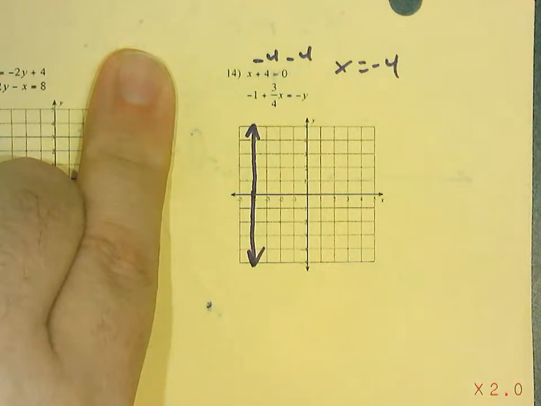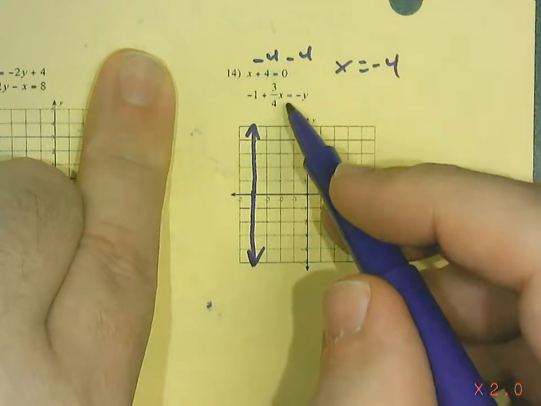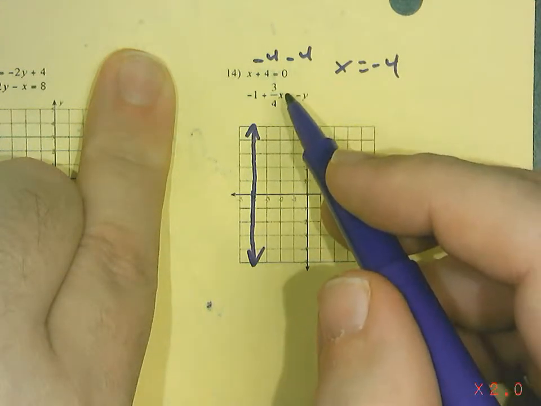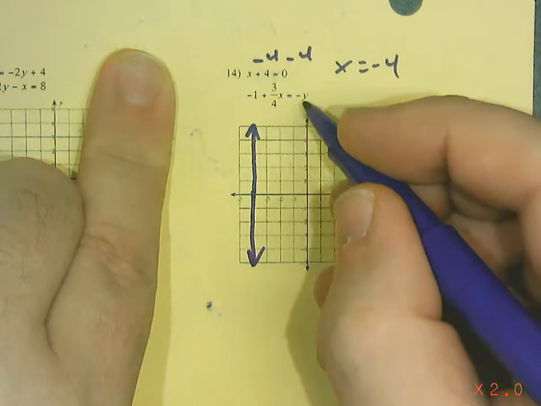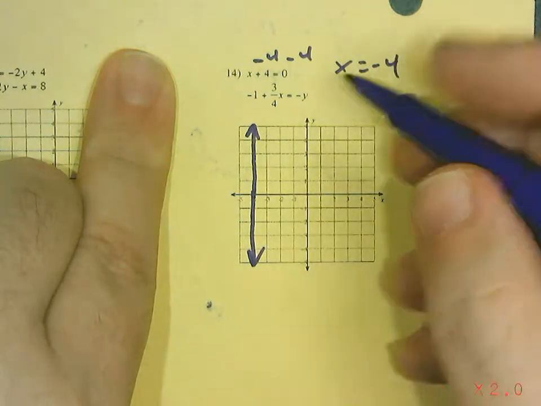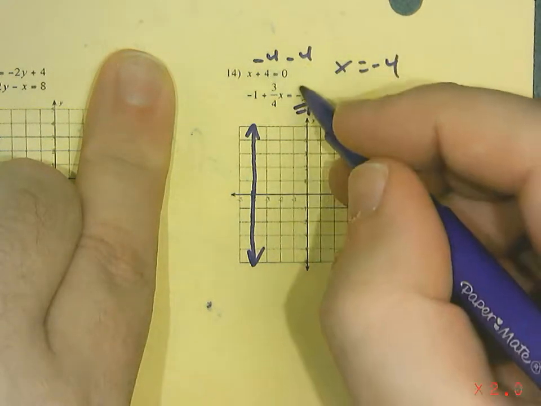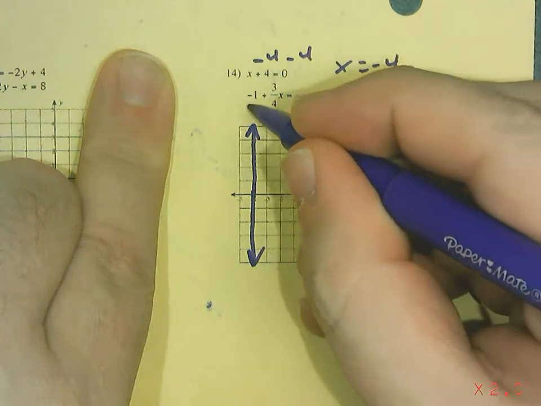So I've already got one line. And then down here, I've got -1 plus 3 over 4x equals -y. So the y isn't quite by itself yet, right? I need a positive y for the y to be by itself. So I've got to get rid of that negative in front of the y. So what I do is I divide by -1, because you've got that invisible 1 in front of the y. And then I just do that to every term.